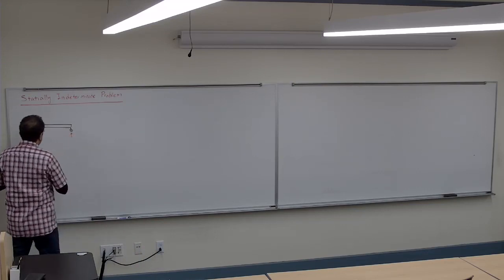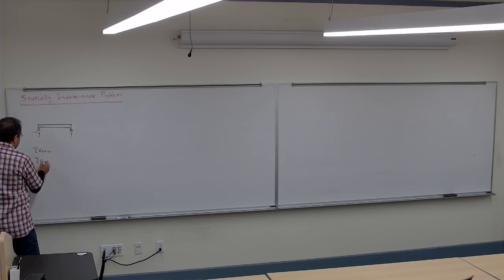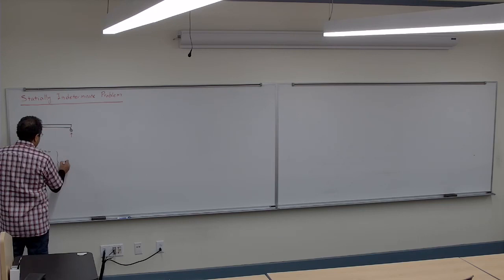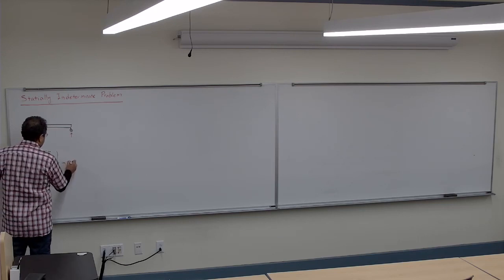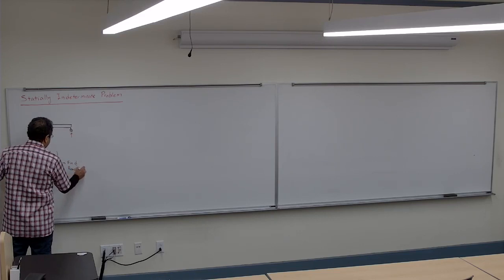And then I have 3 equilibrium equations. I can write sigma Fx = 0, sigma Fy = 0, and sigma Fz = 0. And then from here, I can find the reactions or all the unknowns.